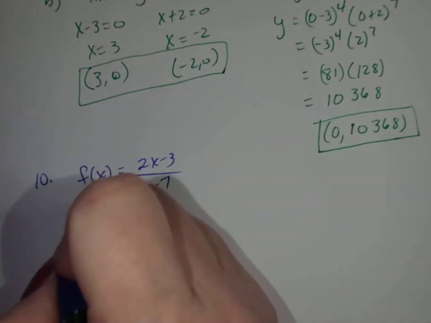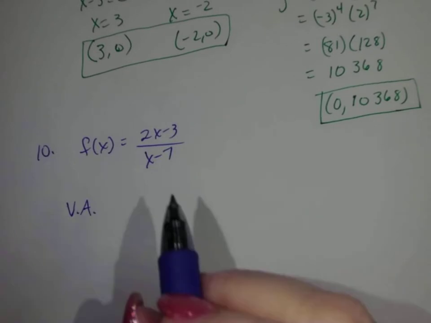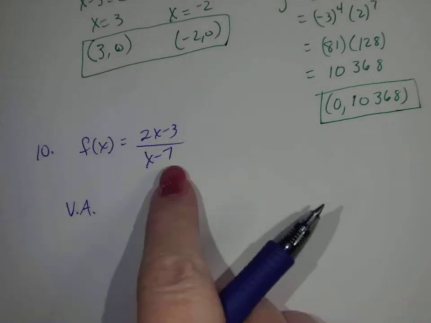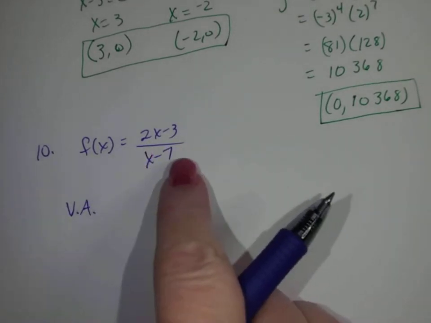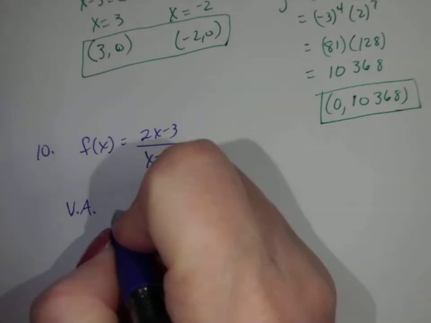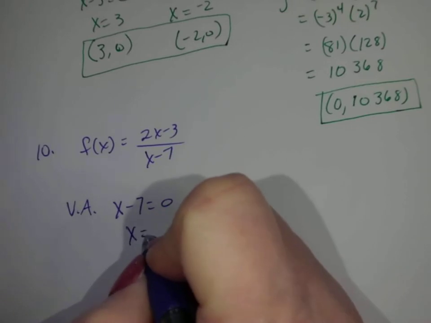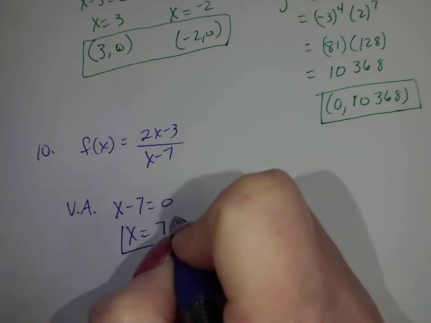So for the vertical asymptote, that's what VA stands for in this case, it is the denominator. It worries about dividing by 0. So it's very similar to finding the domain of the function. We have x minus 7 equal to 0, so x will be equal to 7.